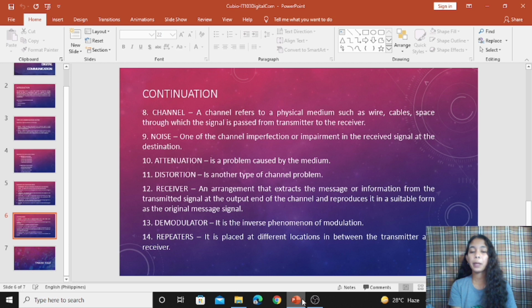These impairments are the noise, attenuation, and distortion. We'll explain first the noise. Noise is one of the channel imperfection or impairment in the received signal at the destination. There are external and internal sources that cause noise.